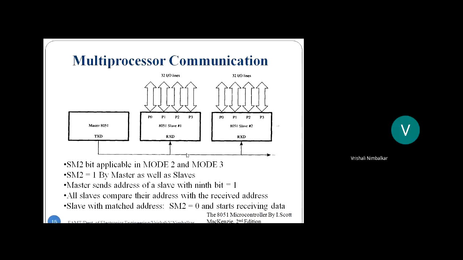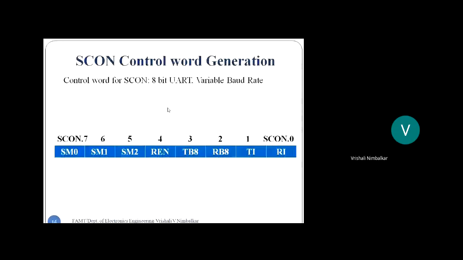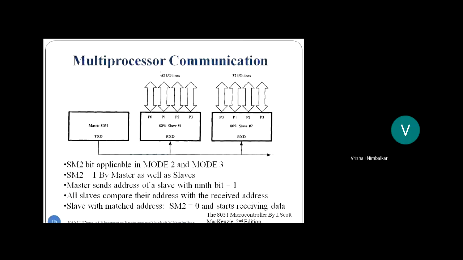Okay. So now let us look into what multiprocessor communication is. We will see how multiprocessor communication is carried out. Multiprocessor communication means that in a system there is more than one microcontroller. In the diagram that you see here, you have one master 8051, one master microcontroller, and the other two microcontrollers shown here are the slaves.